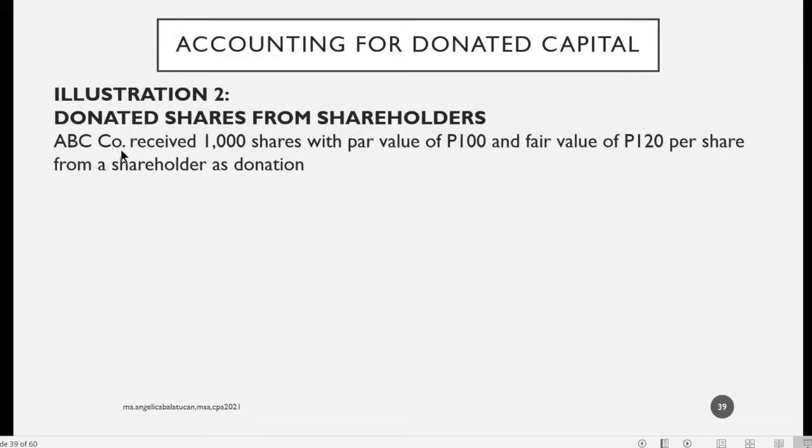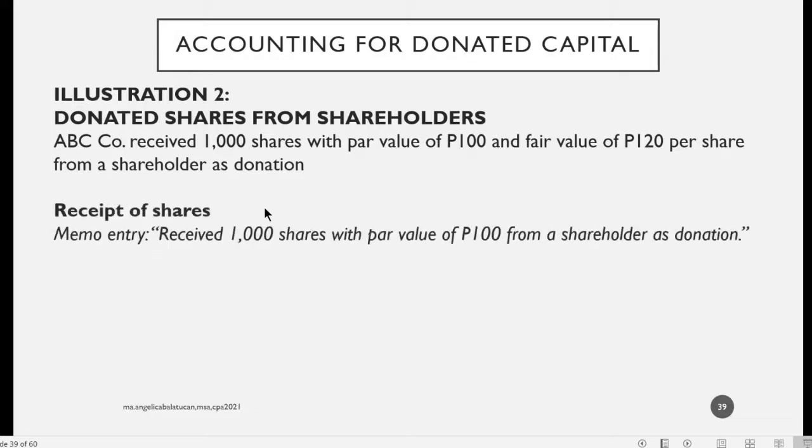What if the donation is in the form of shares from the shareholders? ABC Company received 1,000 shares with par value of 100 and fair value of 120 per share from a shareholder as donation. At the receipt of the shares, we will prepare only a memo entry: received 1,000 shares with par value of 100 from a shareholder as donation.